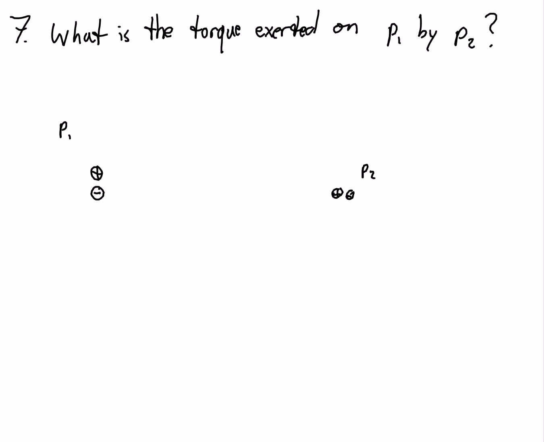They both have the same dipole strength, we'll just call that P. What is the torque exerted on this dipole here, P1, by the dipole P2? Let's put them some distance r apart. Dipole strength is just P. So what is the torque exerted on this one in terms of r and P?